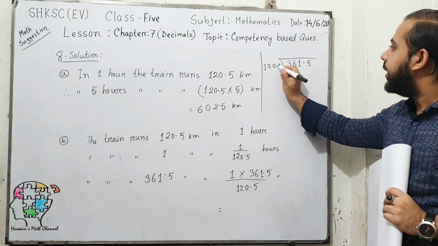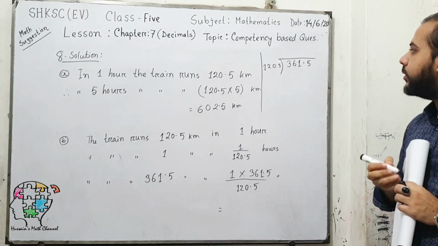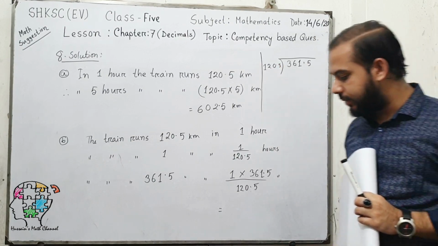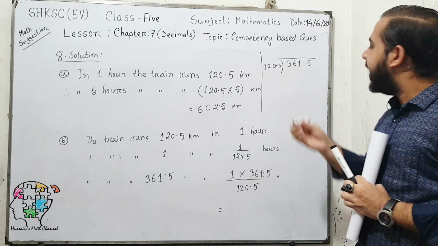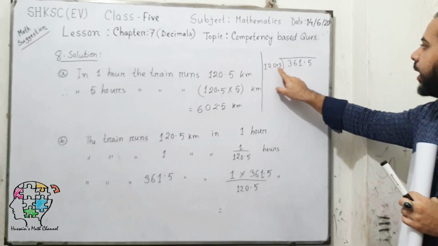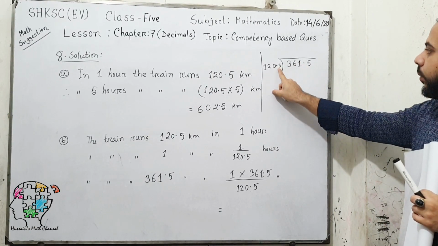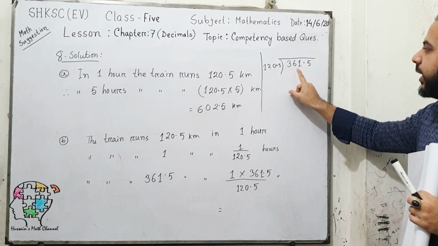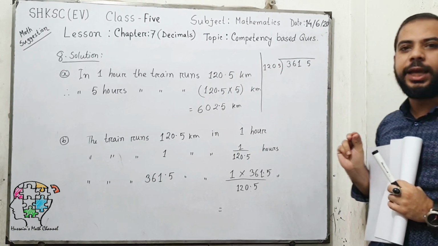Here in the divisor there is a decimal point. So we have to adjust this decimal point with a technique. In the dividend there is also a decimal point, one decimal point here and one here. So we can remove the decimal point from both the divisor and the dividend.